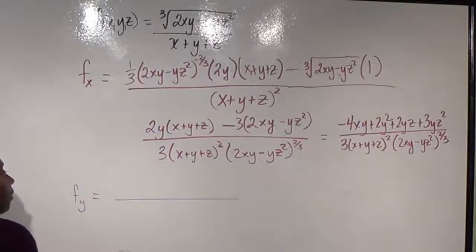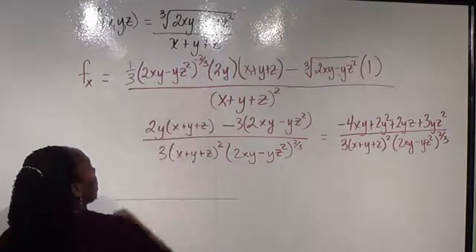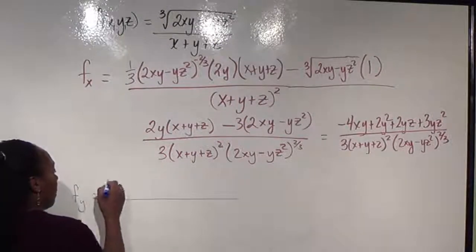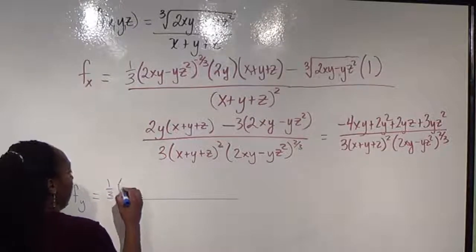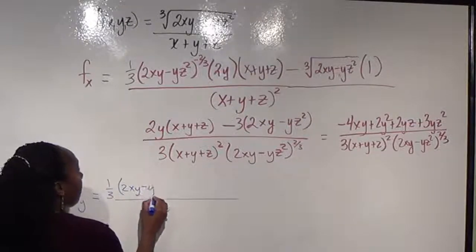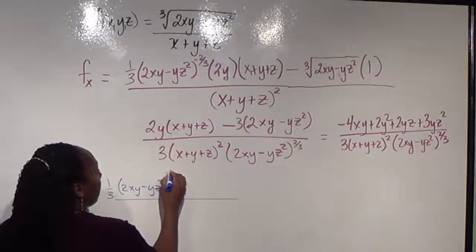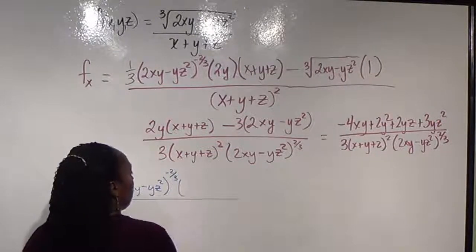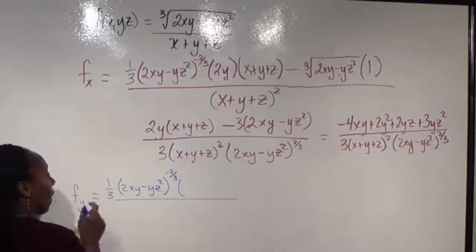Okay. So again, for the top, the start is going to be very similar because, again, my chain rule on the top says it's going to be 1/3 times the inside, now times the derivative of the inside. This is where it's going to change a little bit because now y is my variable, x and z are constants.